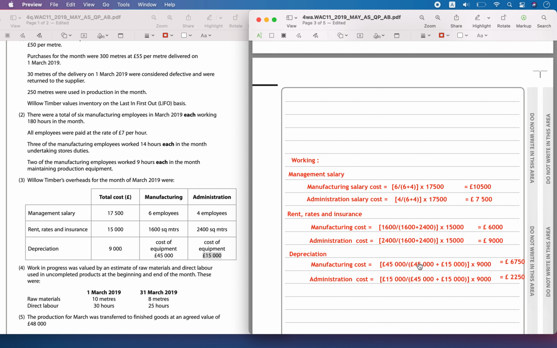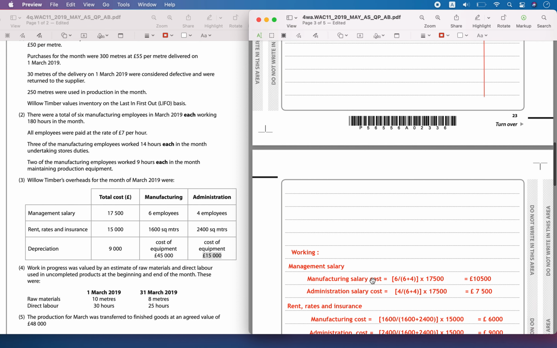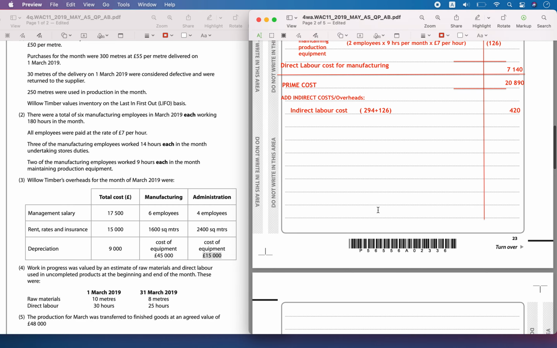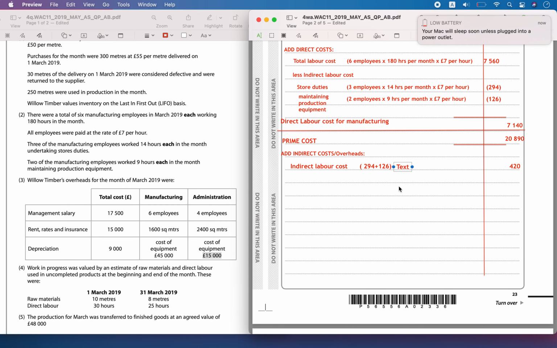Okay. Now these are the costs. In this I am going to take all these as manufacturing indirect costs. So I am going to first write the manufacturing salary cost.